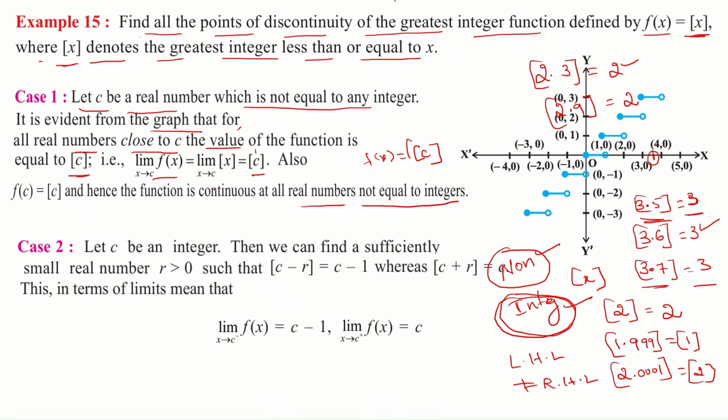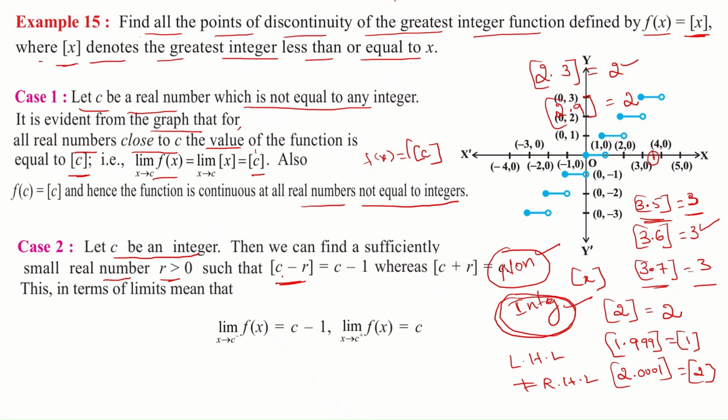In the same way, case 2: if c is an integer, then we can find a sufficiently small real number r greater than 0 to explain the left hand limit and right hand limit, such as c minus r. For example, I took 2, and a small value 0.1 less than that.